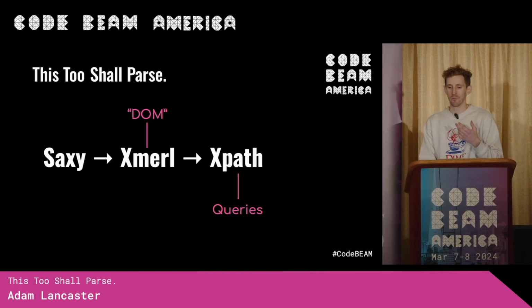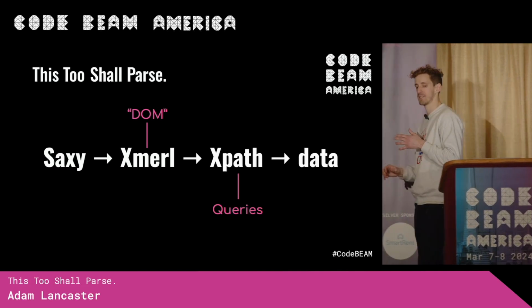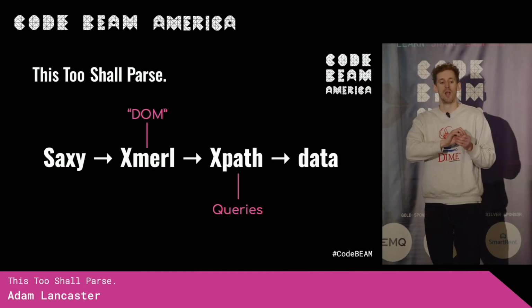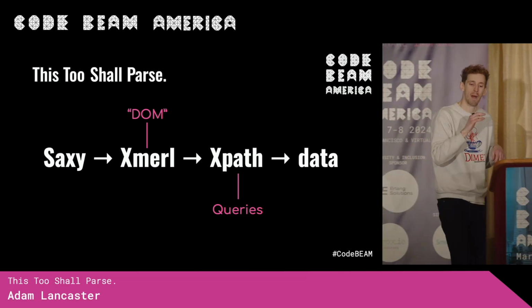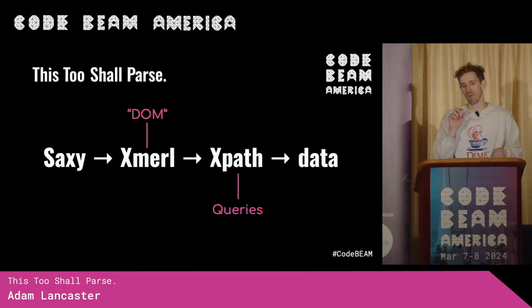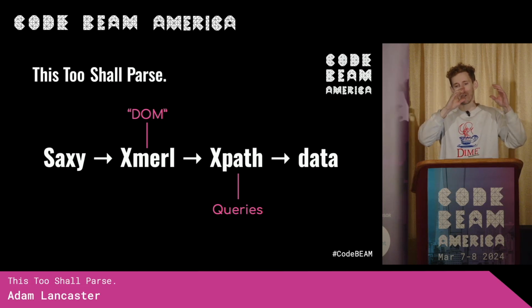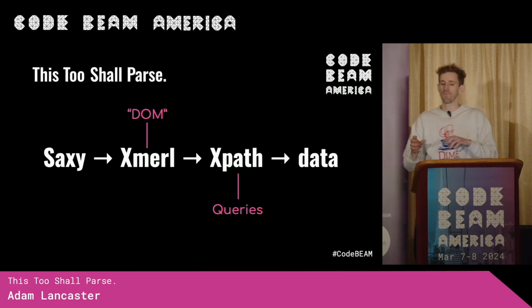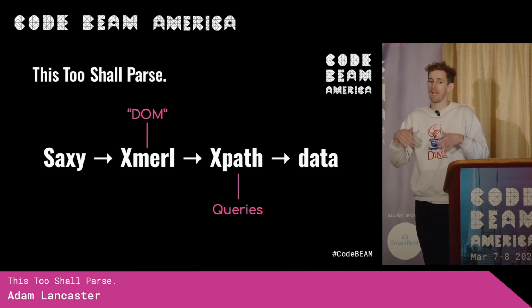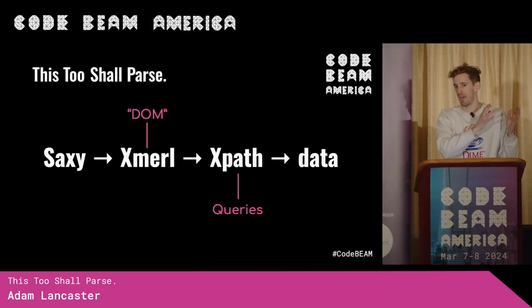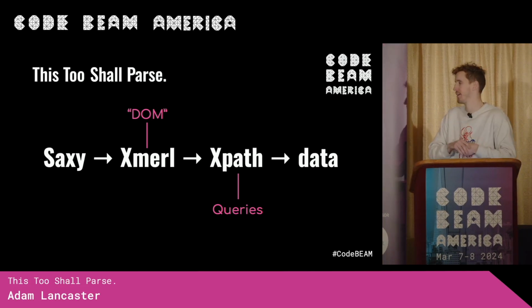So the architecture we kind of had was something like this. We had Saxy, which is the thing that's emitting the event, calling the callback. It's almost like lexing, right? It goes through and says, hey, I found a node, here's its attributes, calls your callback, right? Then we had a callback module that implemented building up a DOM based on the information that was in the XML, right?